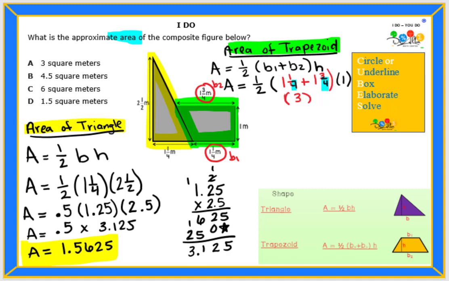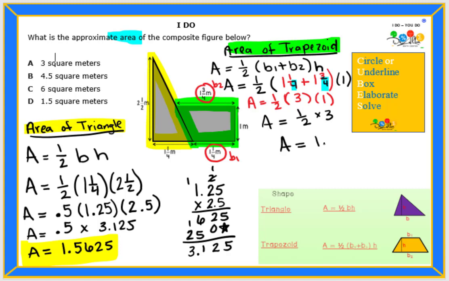So now we have the area of the trapezoid is equal to half of 3 times 1. 3 times 1 is 3. So half of 3. What's half of 3? Or 3 divided by 2?